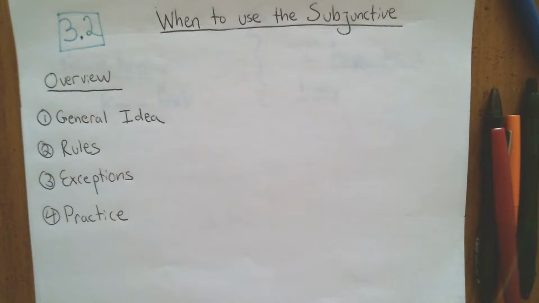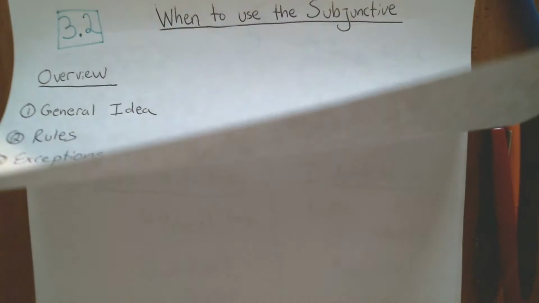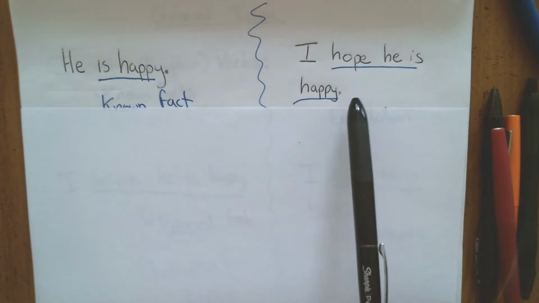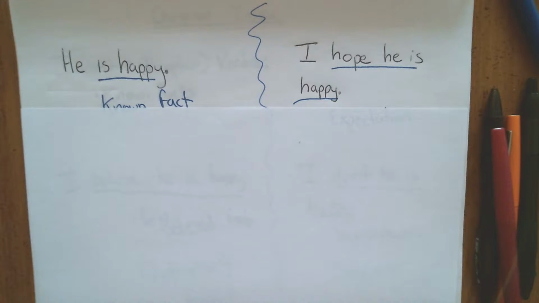So, as I stated before, one of the biggest challenges to learning the subjunctive is that English doesn't really use it. And let me give you an example of what I'm talking about. In these two statements, "he is happy" and "I hope he is happy," in English you use the exact same form of the verb regardless of what type of statement you're making.